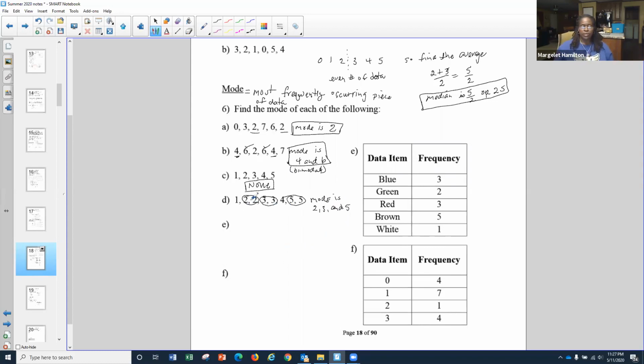Right? None of them outbeat each other. So if there was 3 5s, then we know our mode would be just 5. But all 3 of these numbers appear twice. So our mode is these 3 numbers, which we call trimodal data. Right? So trimodal.